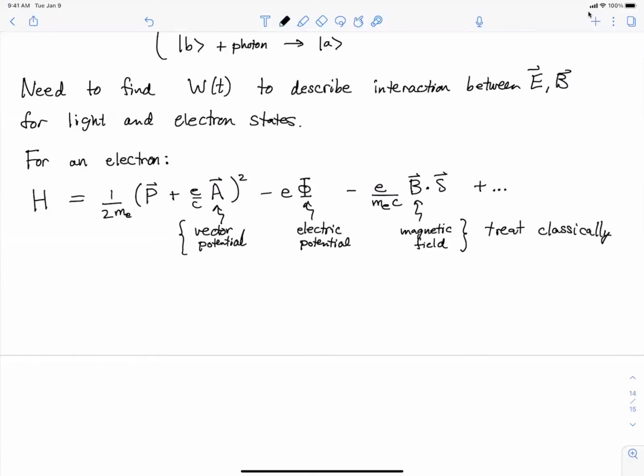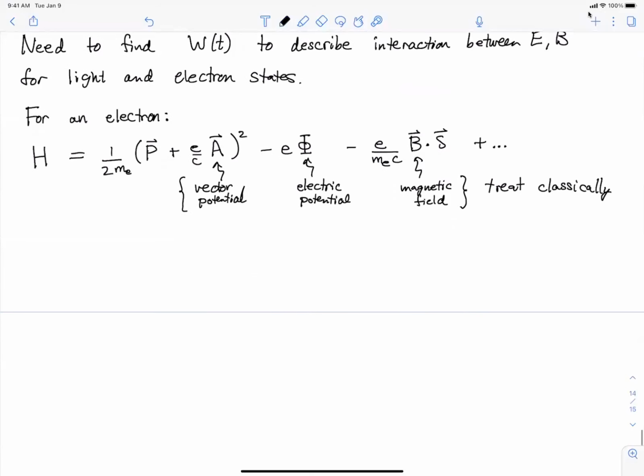Okay, so the next thing we want to do is relate the potentials that appear there to the fields. This is something that we learned in an electromagnetism class. So the potentials are related to the fields by the following.